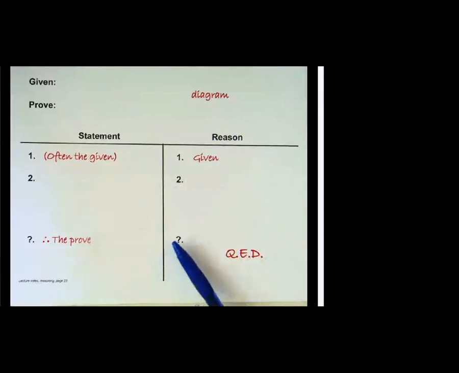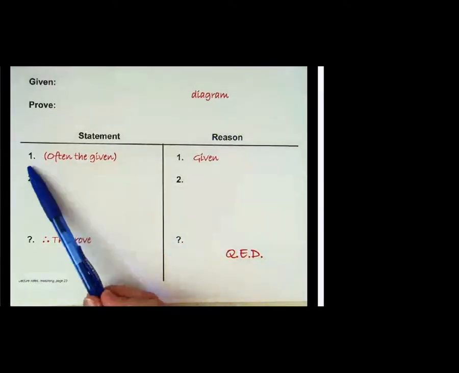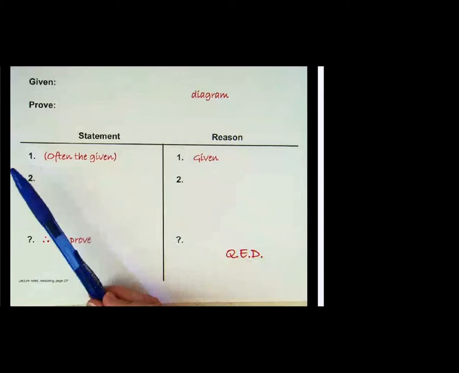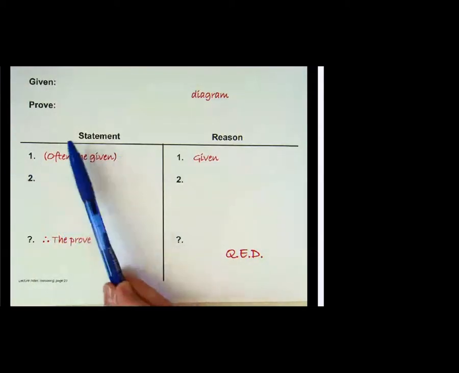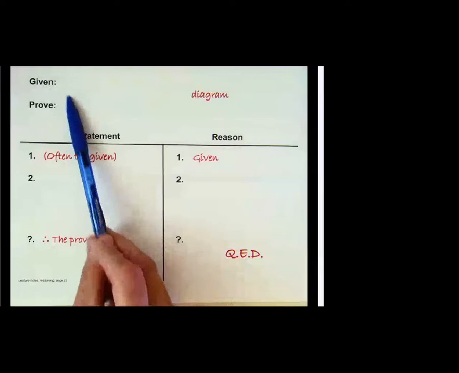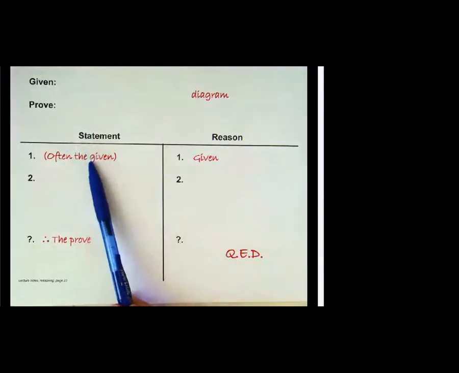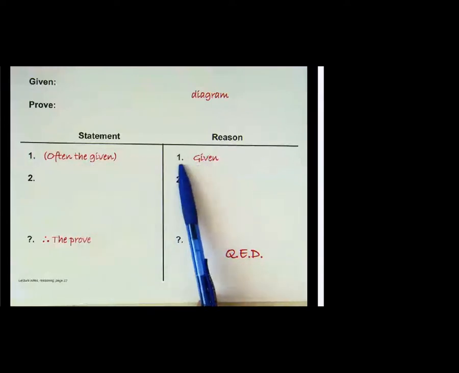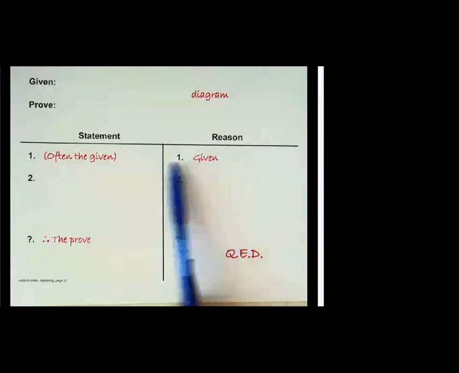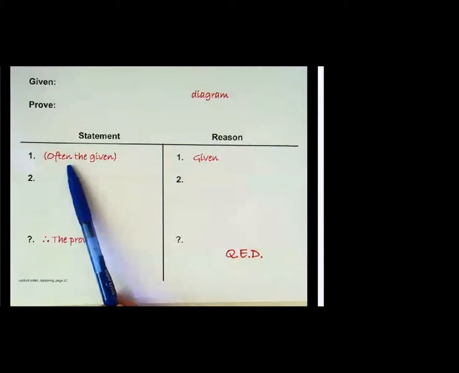We'll number them. For example, the first item here could be number 1. You'll put your first thing here. It'll often be what you're given. Some people just automatically put the given as the first statement, and that's fine. You'll get a sense as you do them how you like to do it. But the reason that's also numbered 1 has to be the reason why you're allowed to write the statement.